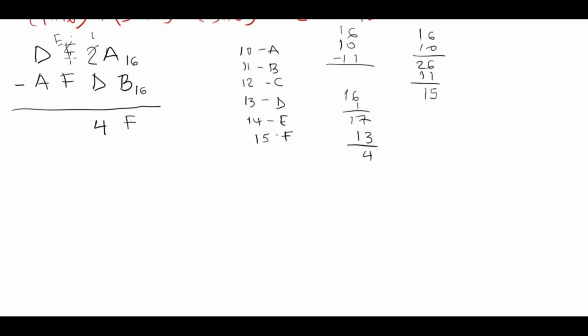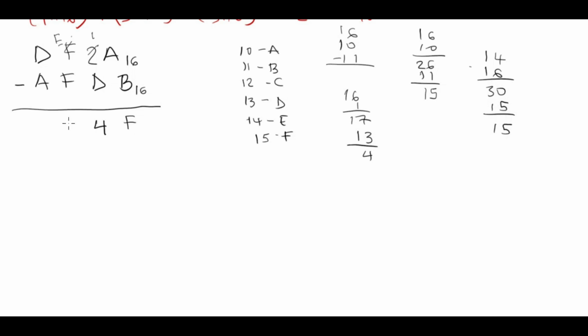Remember, it was F, but you carried 1, so it's E. E minus F. E is 14 minus F. F is 15, so you cannot. So you have to carry 1. So carrying 1, it becomes 16. So 16 plus 14, that is 30. Minus F is 15. You're left with 15.